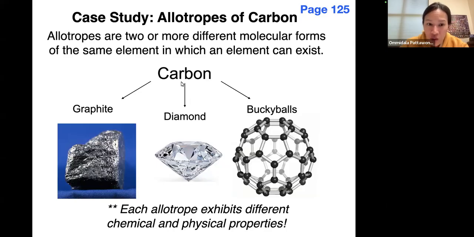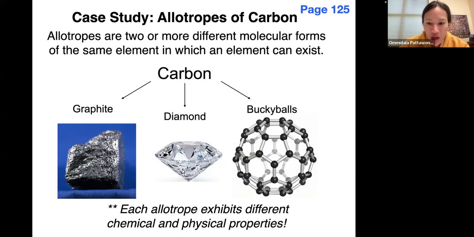The question is, if this is made of carbon, this is also made of carbon, and this is also made of carbon, why do they have different chemical and physical properties? The answer lies in the structure of each of those. I'm not going to talk about buckyball C60 much, because its properties would be in between diamond and graphite, so I'm going to omit that.